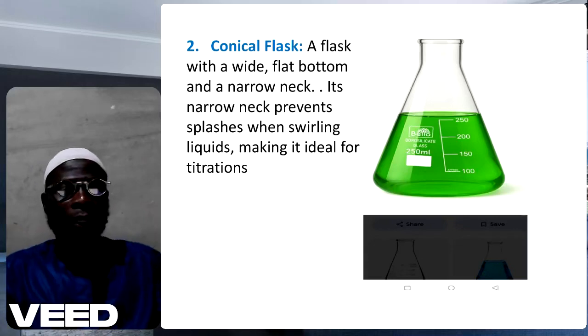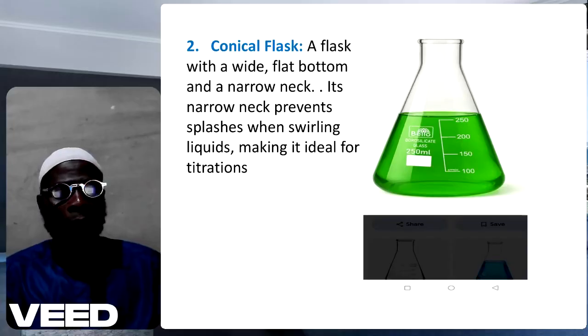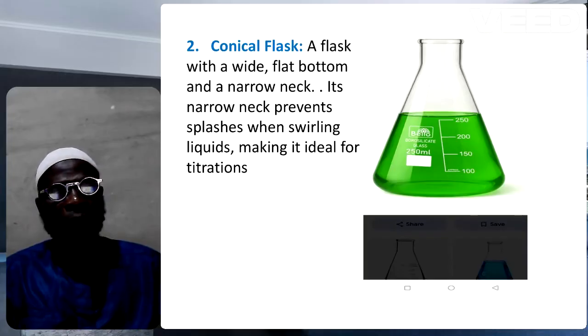Number two is a conical flask. A conical flask is a flask with a wide, flat bottom and a narrow neck. It is used mainly for titration, to mix the acid or to hold the base during the titration.